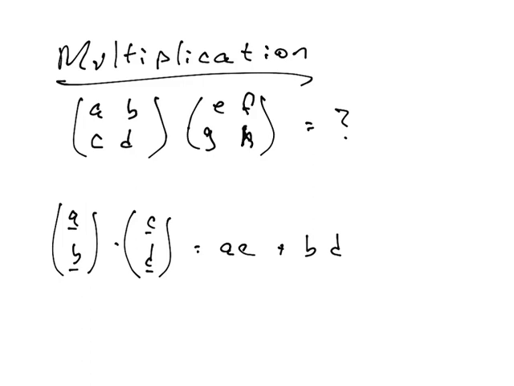In fact, the answer we get is not a number like with vectors and a dot product. It's more like how we do cross products with vectors, where this vector crossed with this vector gives me a new vector answer. From multiplication of matrices, we're going to multiply these matrices in a certain way, and the answer we get is going to be a new matrix.